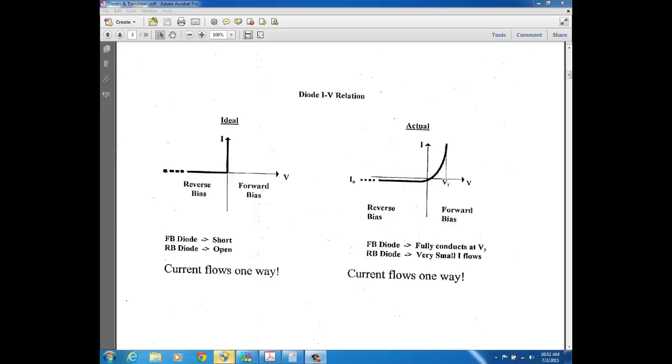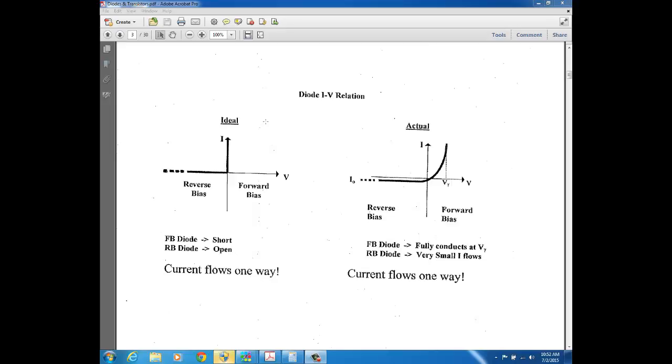Now, in this picture over on the left, this is a plot of the IV relationship for an ideal diode. Just like you learned in your basic circuits class, EE321, elements in your circuits were defined by current voltage relationships.